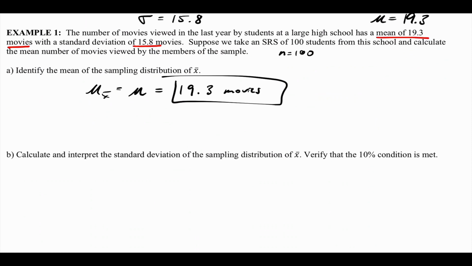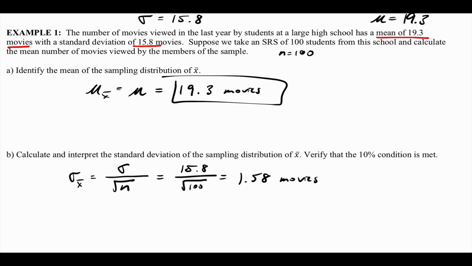So the standard deviation of all the X bars is the population standard deviation divided by the square root of n. So 15.8 divided by the square root of 100, which is 10, and you get 1.58.